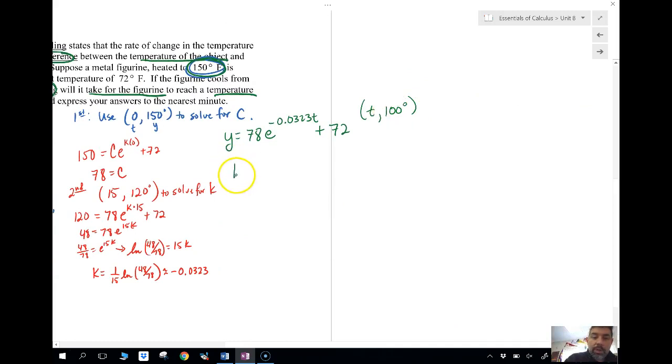We put 100 equals 78 e to the negative 0.0323t plus 72. We're going to subtract 72, get 28. Divide by 78.